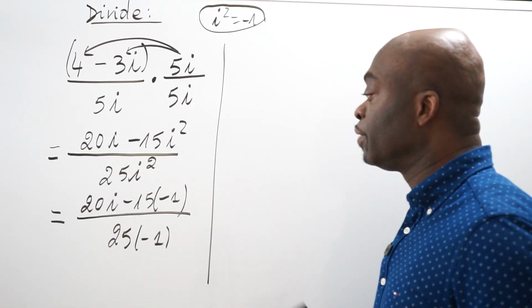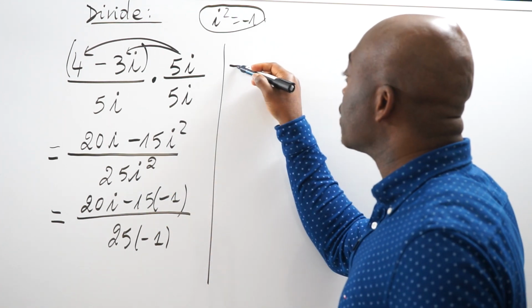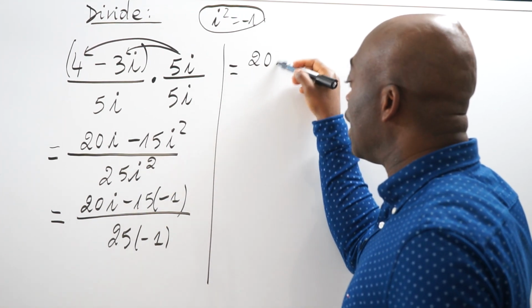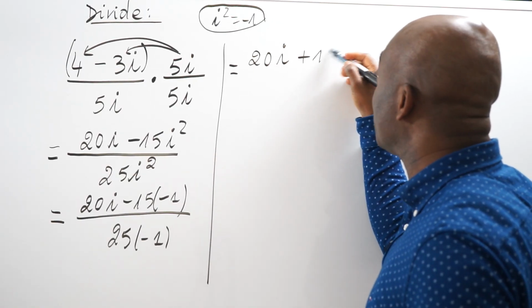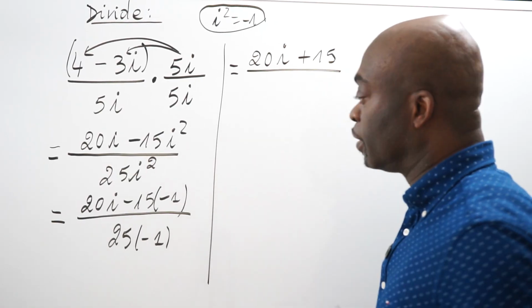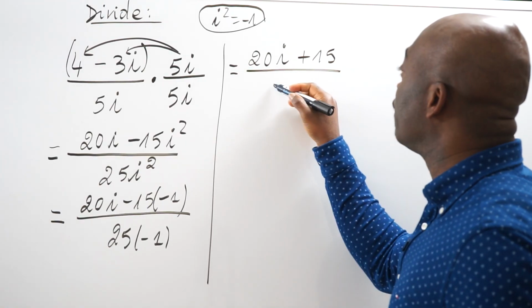Now let's continue. Almost finished. So we have 20i, and here negative 1 times negative 15 is going to give us positive 15, over negative 25.